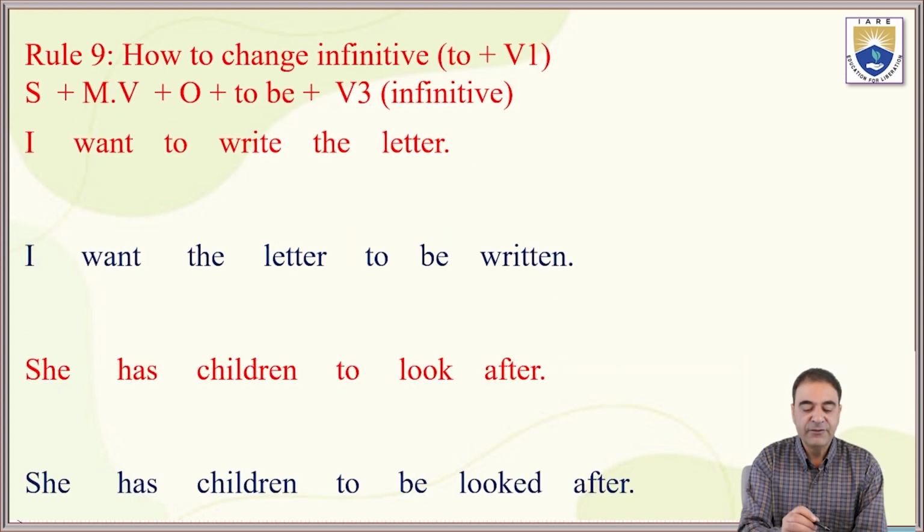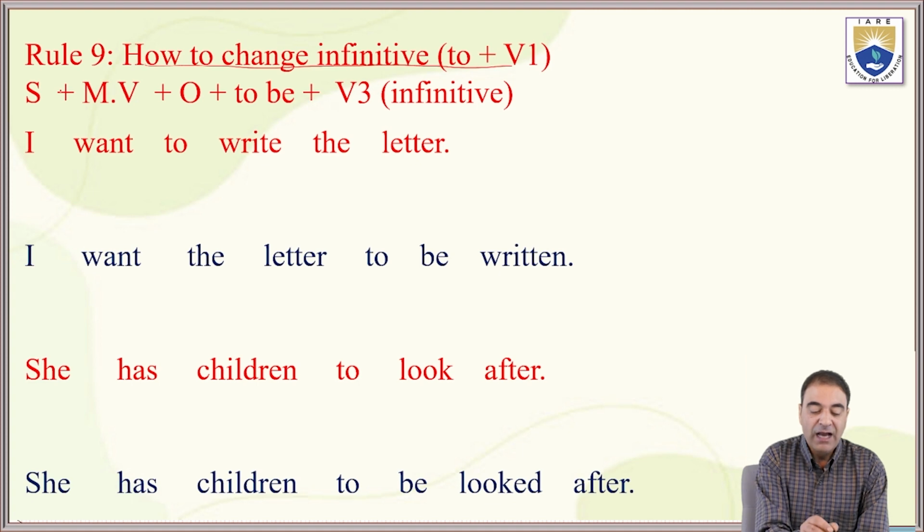Now, our ninth rule is how to change sentences that carry an infinitive. Infinitive means to plus base form of verb. Actually, it is a non-finite verb. We have to write subject, then followed by main verb, then followed by object.